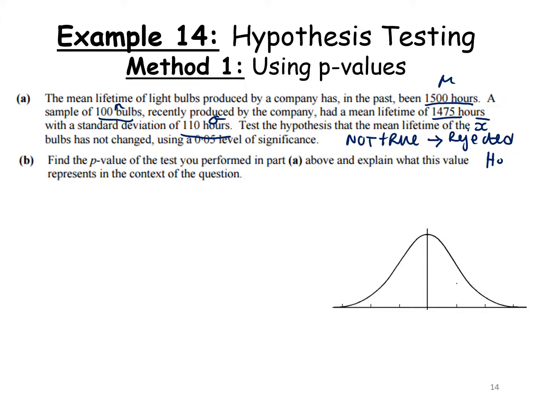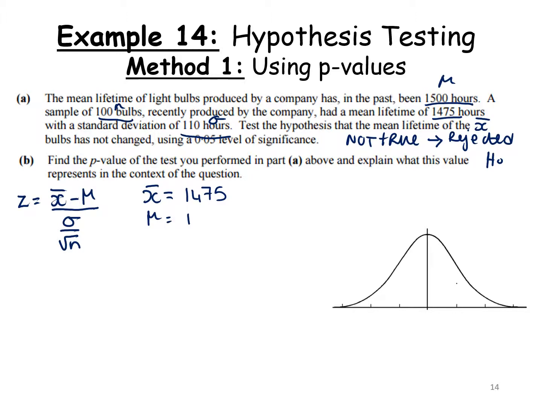context of the question. So the first thing I'm going to do is figure out my z-score. So z is equal to x bar minus mu all over sigma over root n. So x bar is given as 1475.